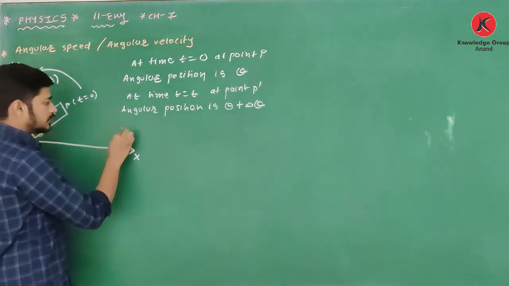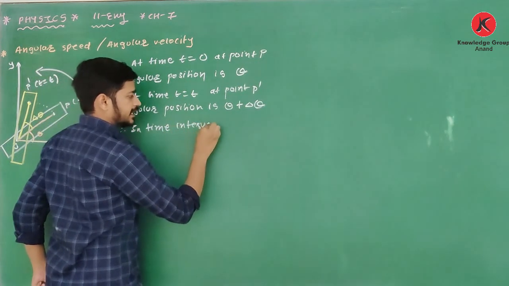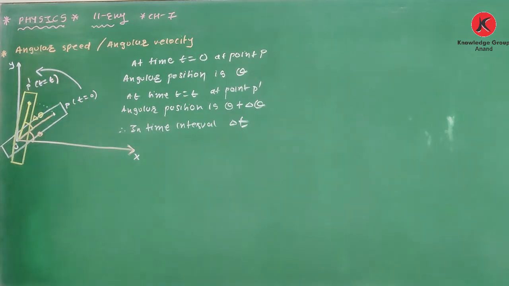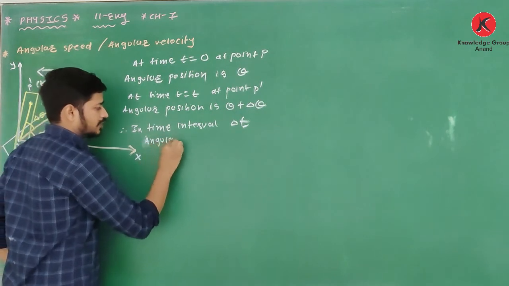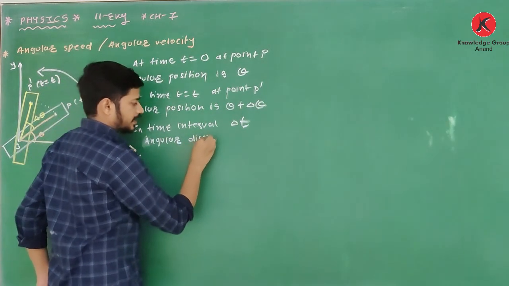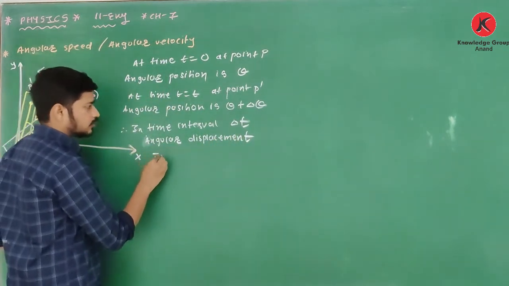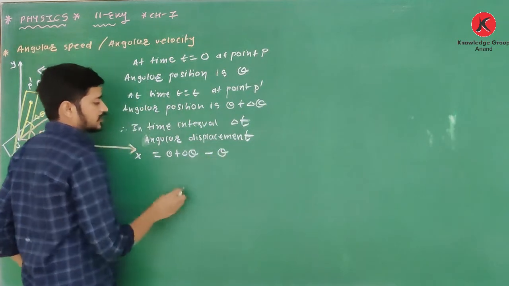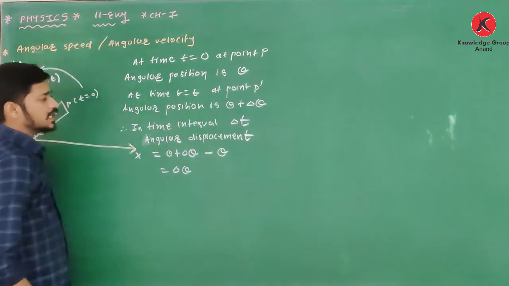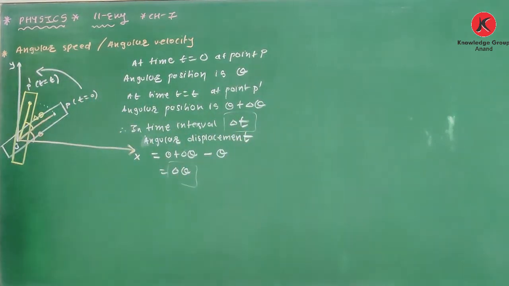Therefore, in time interval delta t, angular displacement is equal to final angular position theta plus delta theta minus initial angular position theta, which is delta theta. From this we will define angular speed.